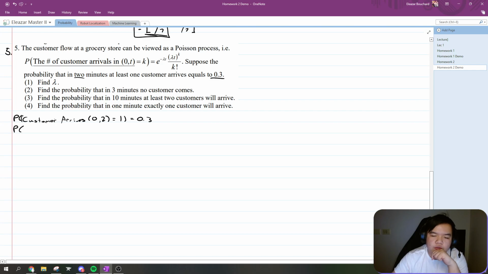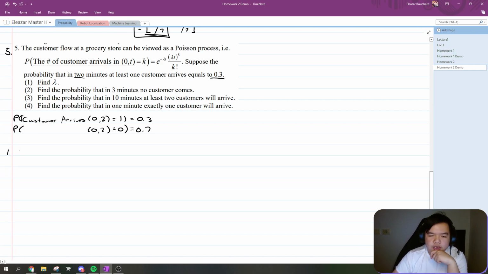So if no customers arrive, which is equal to 0, that will equal 0.7. We're going to just abridge this whole thing for this question. So let's get on to number 1, because this part here, where no customers arrive, that equates to 0, gives us 0.7. That's going to be important for finding lambda.